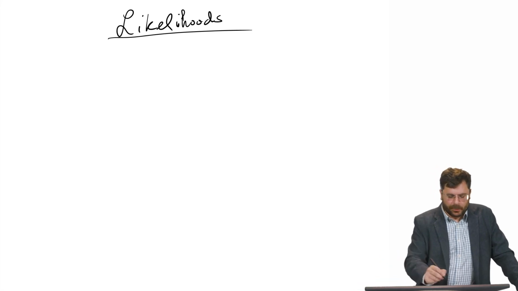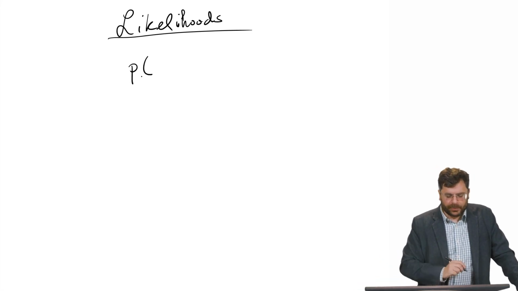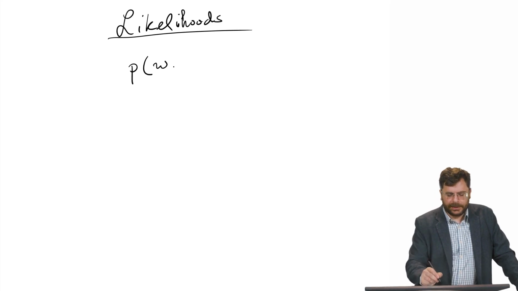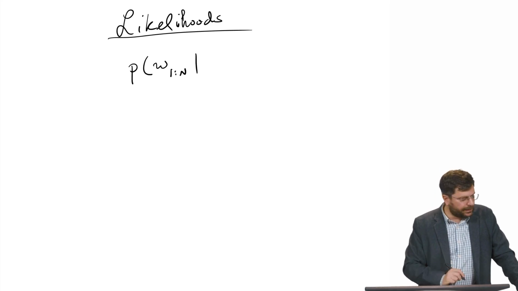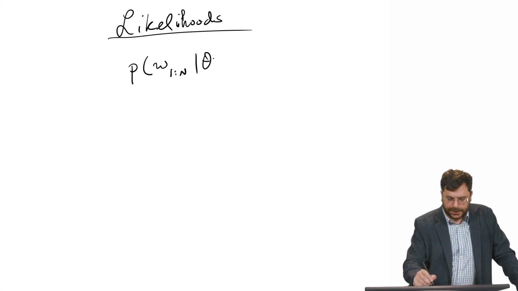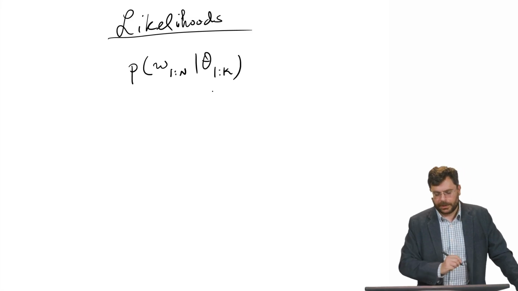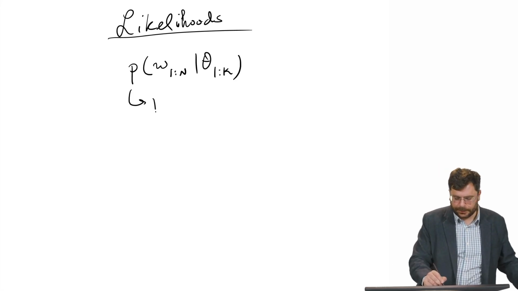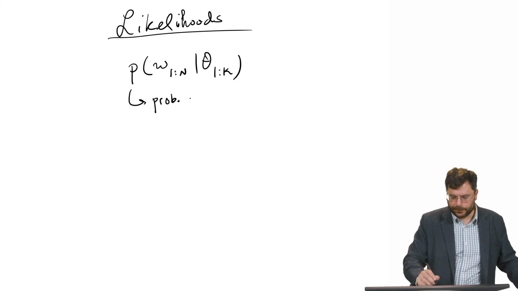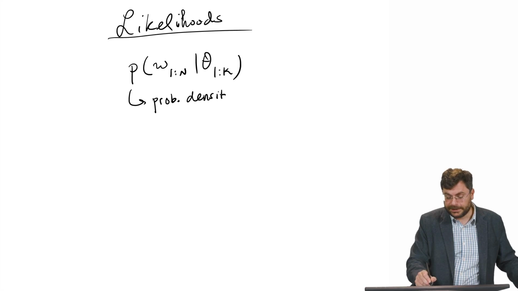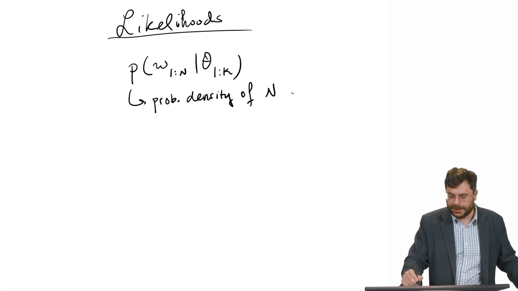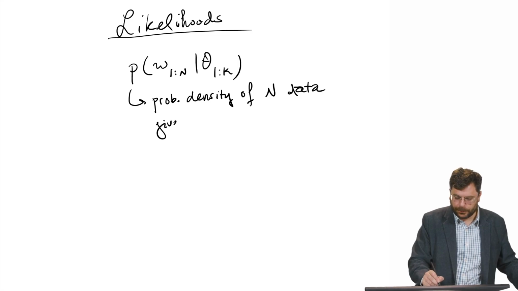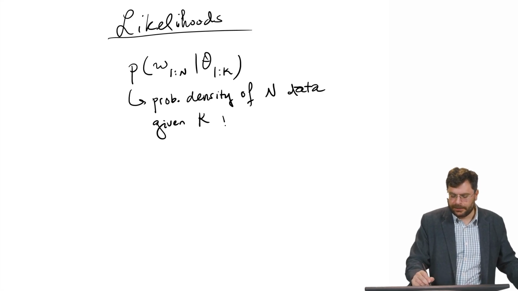Now, if we remember, likelihoods are probabilities of the data, and we may have n data points given parameters, and we may have k of those. So this is, more strictly speaking, the probability density of n data given k parameters.